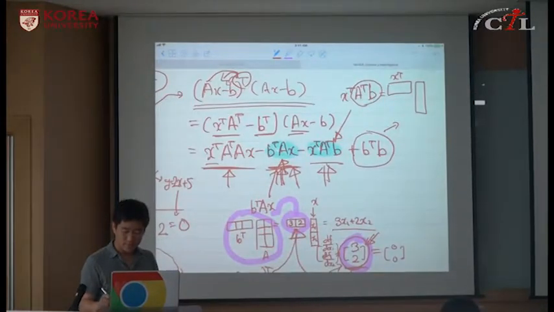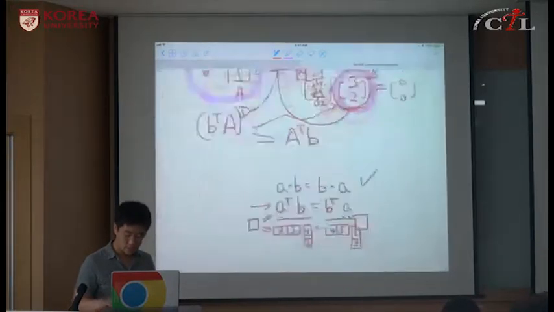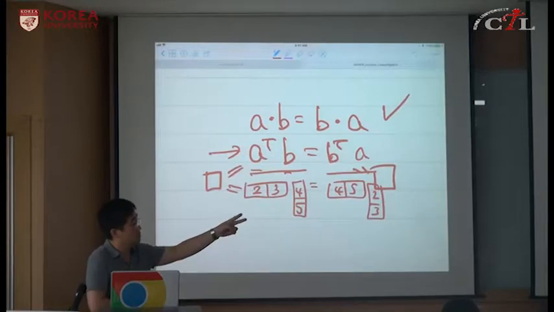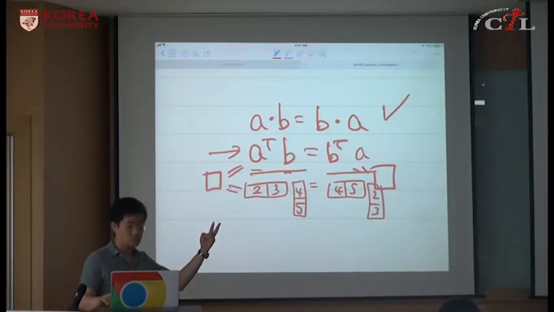So we can freely change the order between them. Between this guy, X transpose, and this vertical vector, A transpose B, we can freely change the order. In this case we change the order between them, but in this case we apply the transpose on each part.